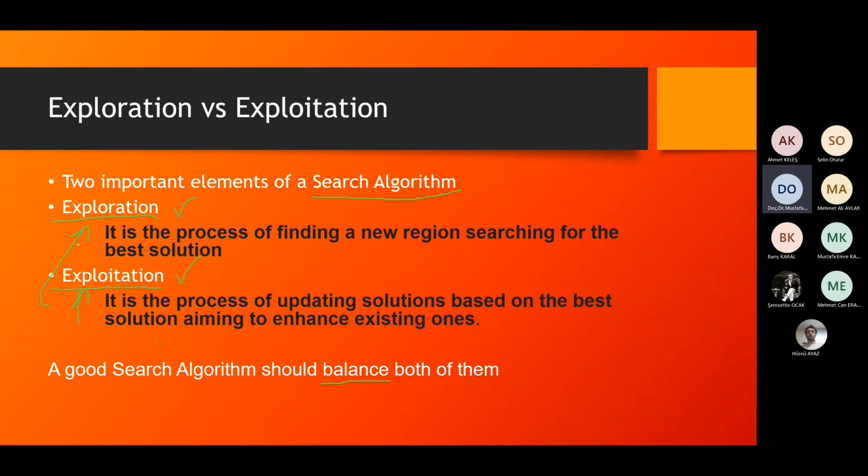There is a balance, and that balance is actually, I'm just telling this, but that's not a certain value, but my experience says that 75% of the time we should be exploiting, 25% of the time we should be exploring. So mostly exploiting and rarely exploring.